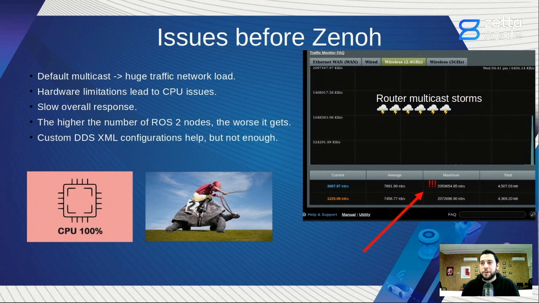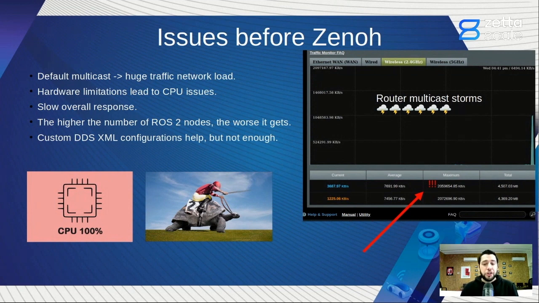So that's a huge number. That's like 2 gigabytes per second, which of course causes everything to crash down and connections to drop everywhere. And so it's a huge problem, and we want to be able to limit this.